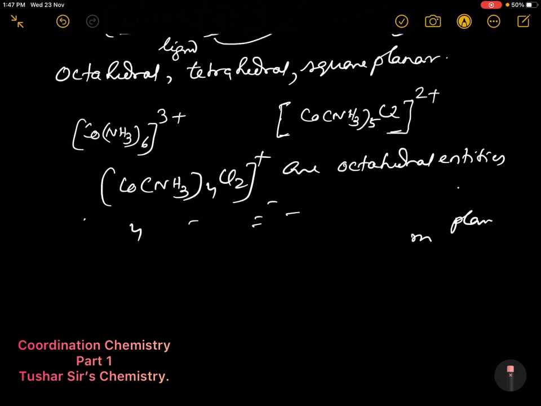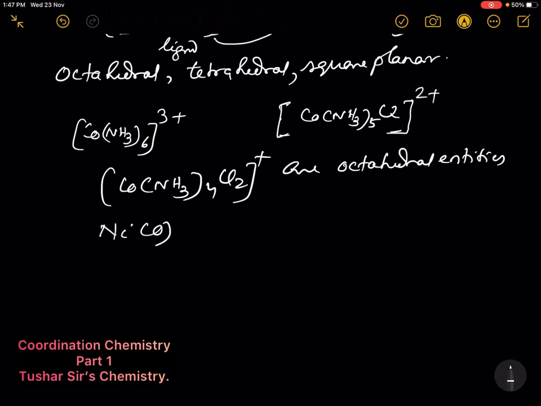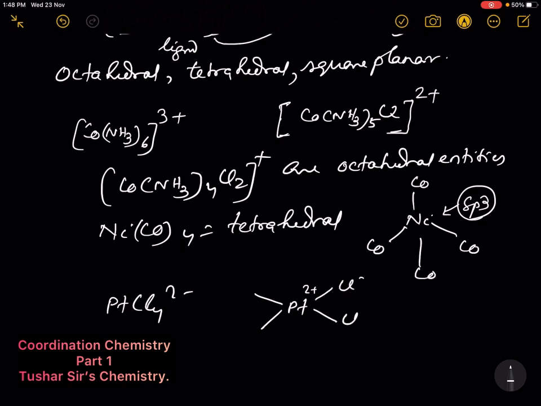Whereas Ni(CO)4 is tetrahedral having sp3 hybridization, [PtCl4]2- is square planar having dsp2 hybridization.